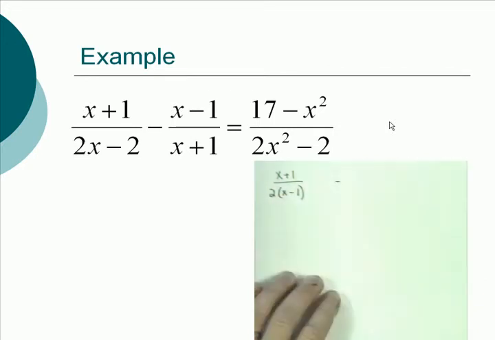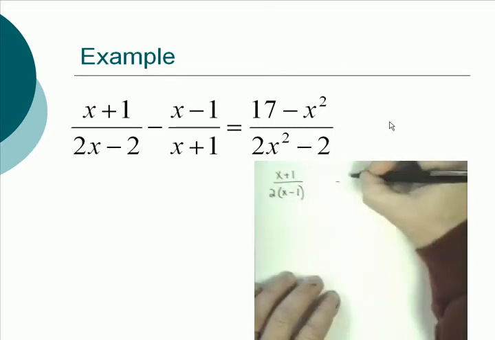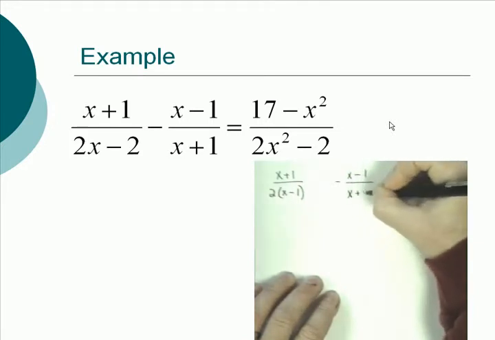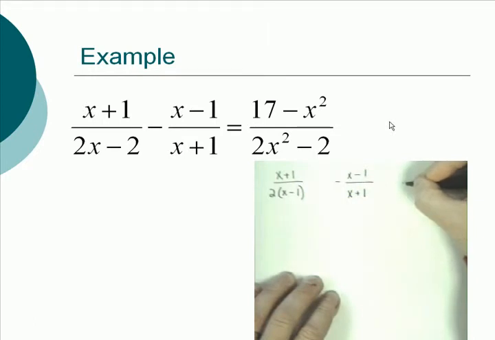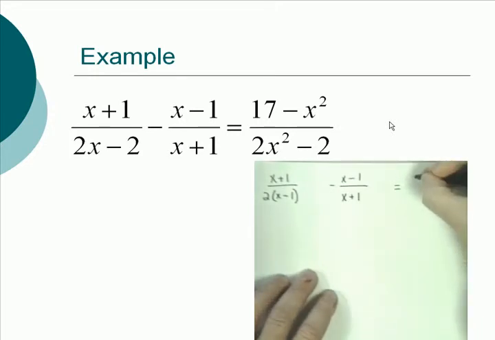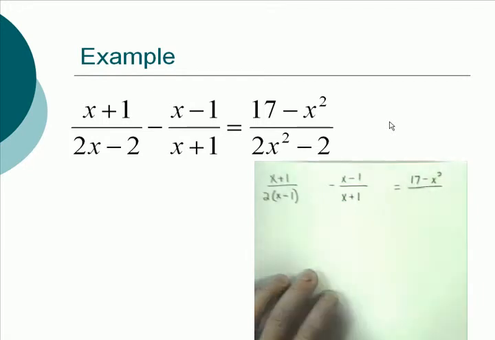From that, we'll subtract the algebraic fraction x minus 1 over x plus 1, which of course we cannot factor. And that has to be equal to 17 minus x squared, which will not factor, over 2 times x squared minus 2.